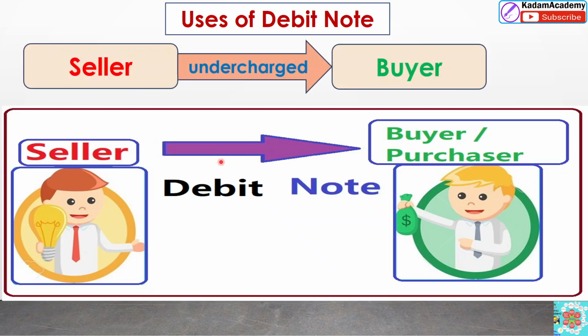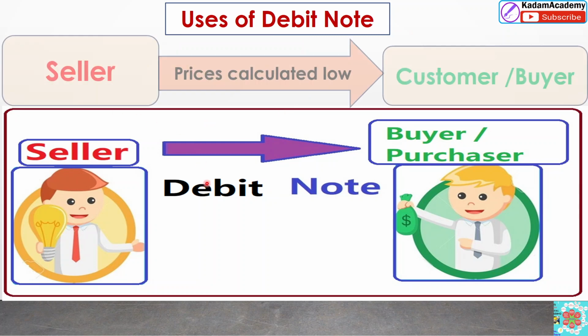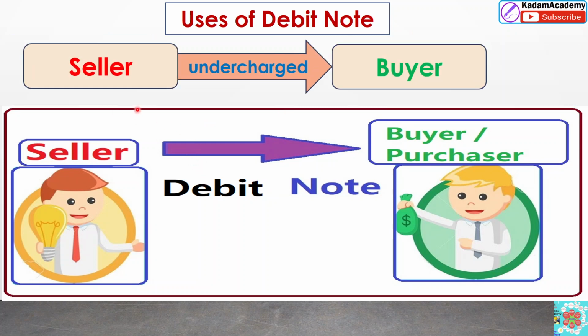Now friends, what are the different uses of the debit note? When is it given? The first case is from seller to buyer when the buyer is undercharged. A debit memo is a sales document used in complaint processing to request a debit memo for the customer if prices were calculated too low.